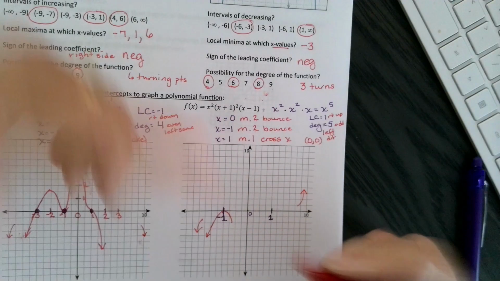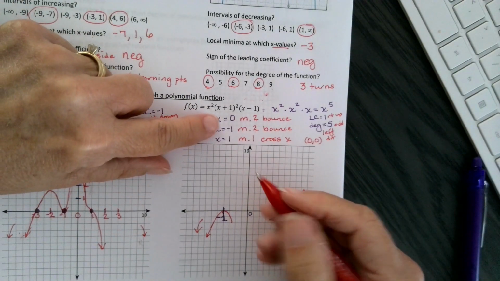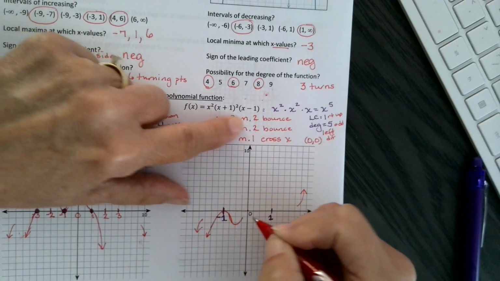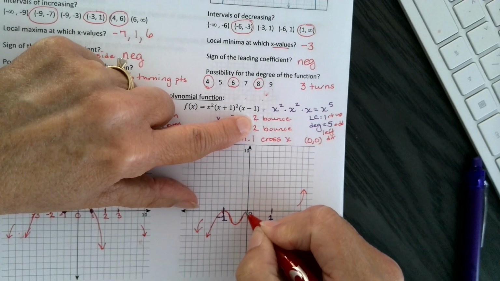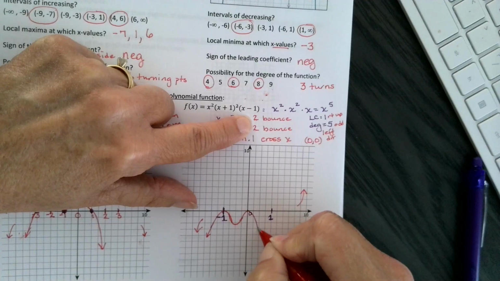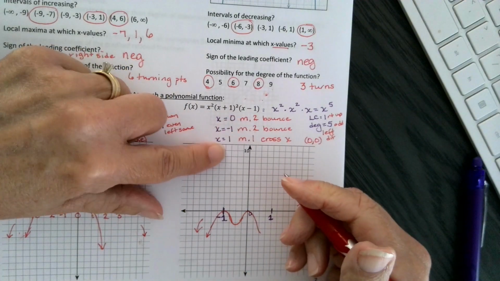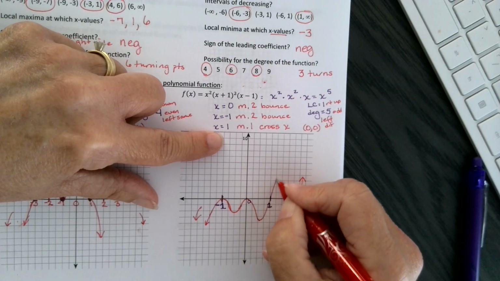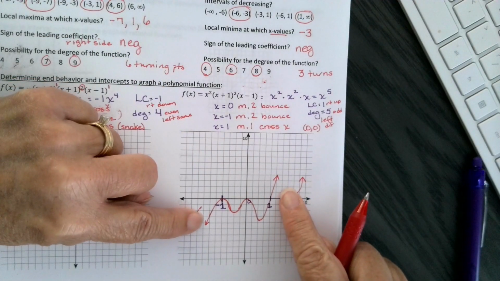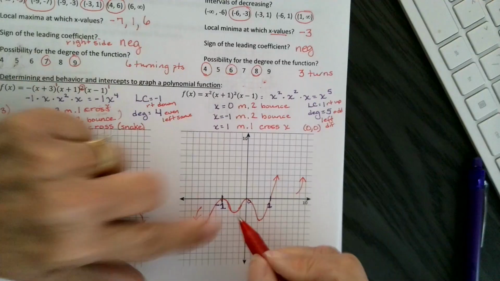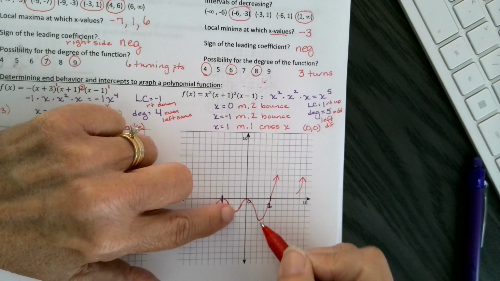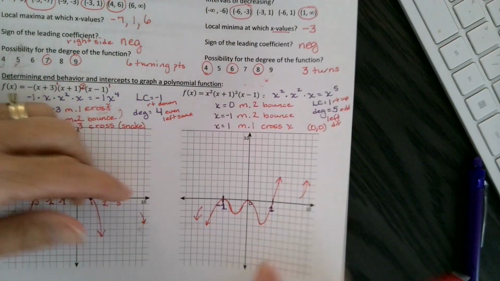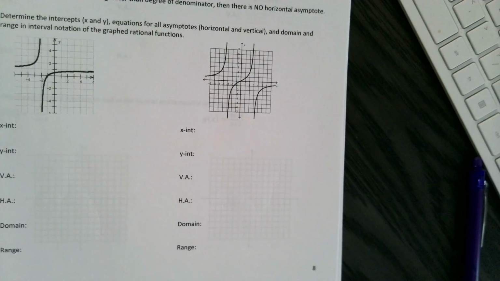And it's going to turn somewhere. I don't care where. It's going to turn and come back up to 0. But 0 has a multiplicity of 2, so it's going to bounce back. Come someplace down here, I have no idea where. It's going to come back up to 1, and it's going to cross through. And notice my ending behaviors match. I just don't know what these minimums are and that maximum. It's okay. It's just a sketch, and that's it. And that is 13.